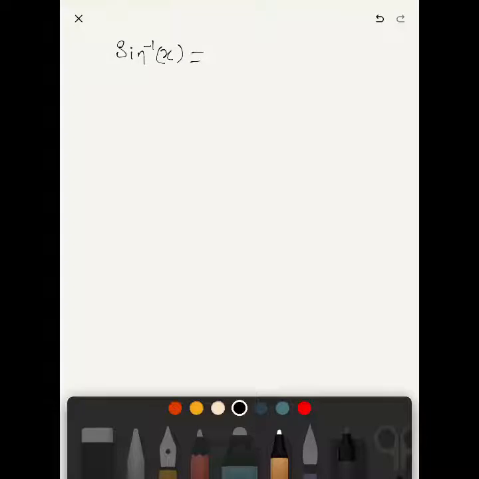Now I will try to convert this sine inverse x into cos inverse. How do you convert it? First we will draw a triangle with angle theta. This is x, this is 1. So by Pythagoras theorem, what do you get? Under root 1 minus x square. Your base comes out to be under root 1 minus x square.